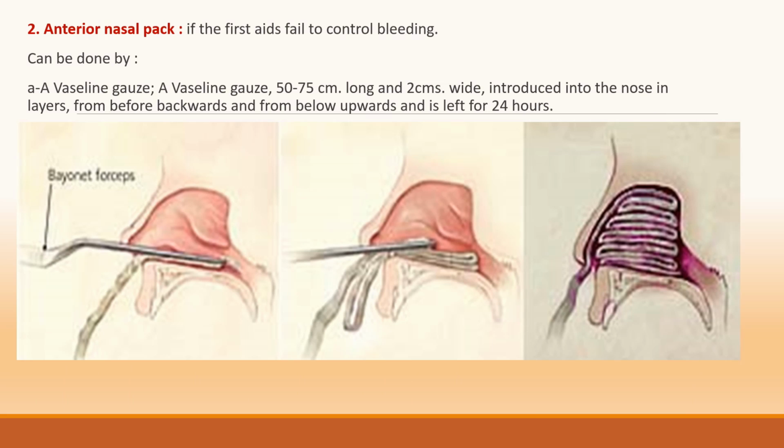After first aid, if the bleeding didn't stop, we will do anterior nasal pack. This can be done by a Vaseline gauze, 50 to 75 centimeters long and 2 centimeters wide, introduced in the nose in layers from before backwards and from below upwards, and this is left for 24 hours.